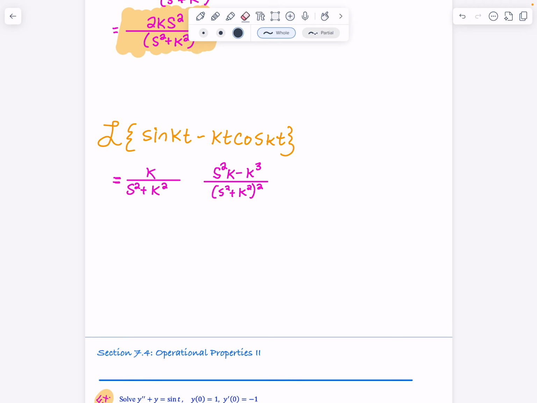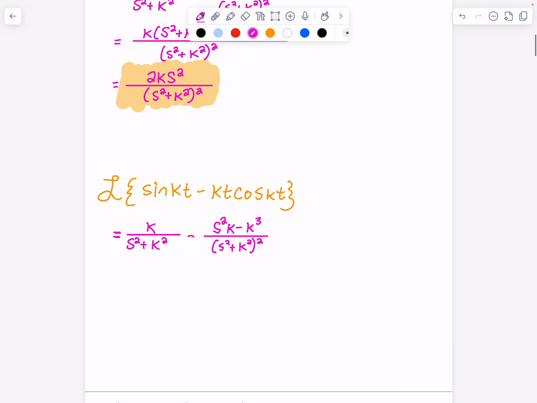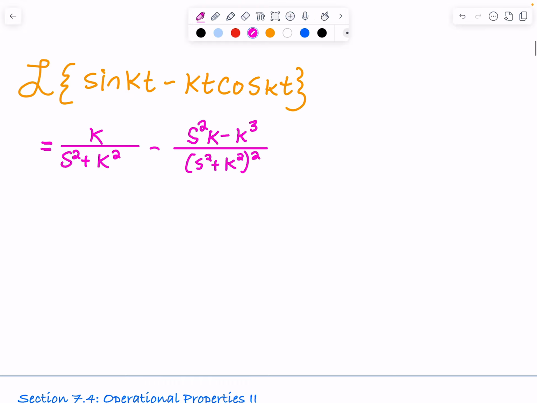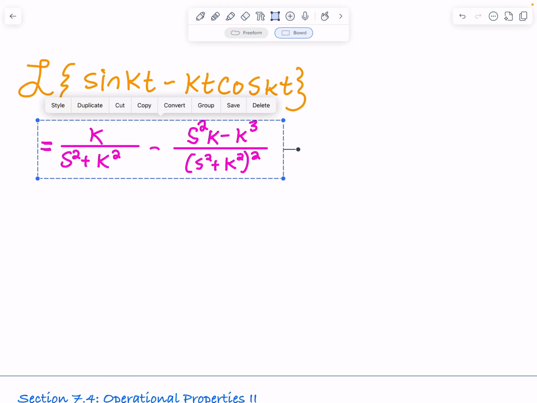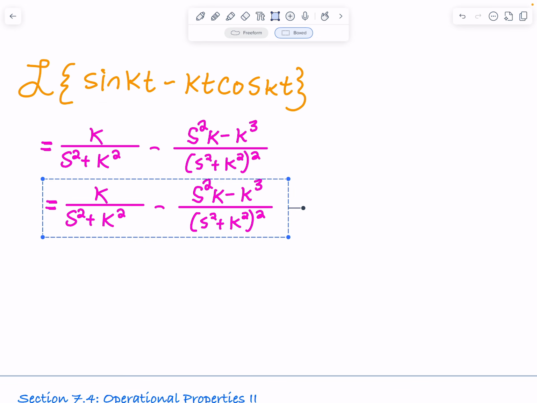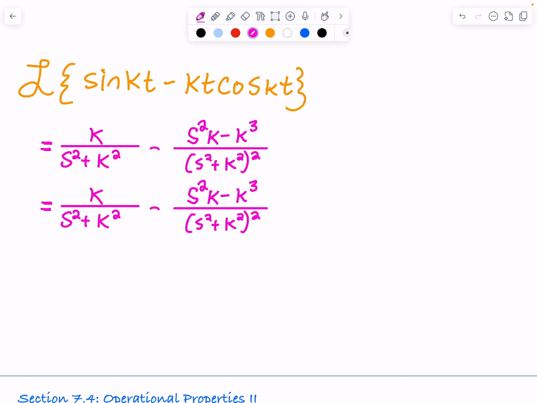What that does for us is it's going to flip the signs on the back half. So this is just plus, and then we have plus k cubed minus s squared k. So you could flip it if you'd like.